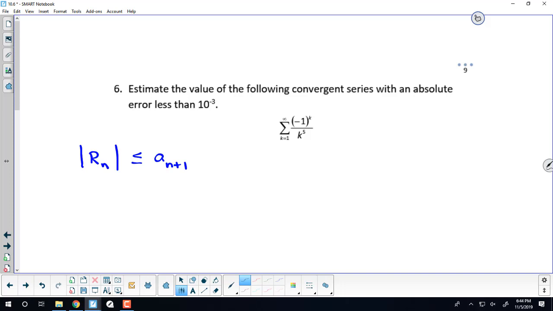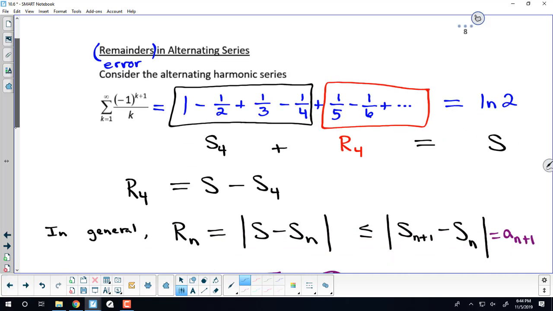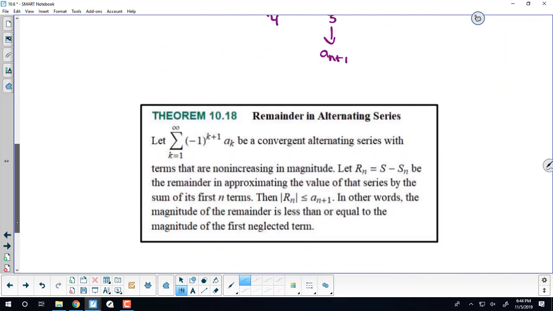So think about the alternating series test. The remainder theorem is expressed the same way, right? You've got the sum of negative 1 to the power times a sub k. We're only looking at a sub k, or a sub n.